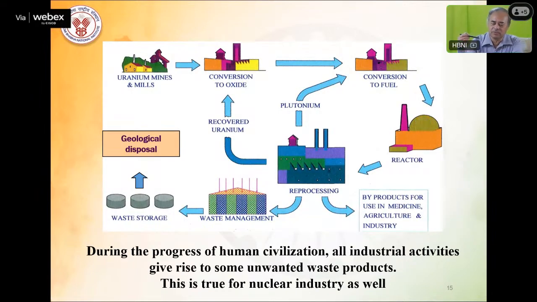Now, this is the nuclear fuel cycle applicable for our country. So you will find that from the mines, after milling, the fuel comes for conversion to oxide, then fabrication of the fuel as a bundle, then utilization in the reactor, and reprocessing. From reprocessing, you have plutonium for usage either in the light water reactor or in the fast breeder reactors, and the recovered uranium can be sent for further conversion.